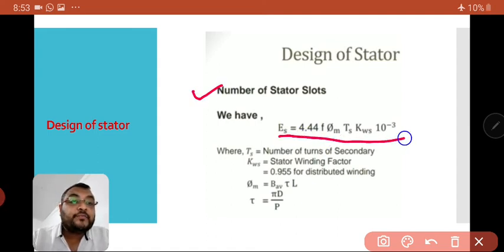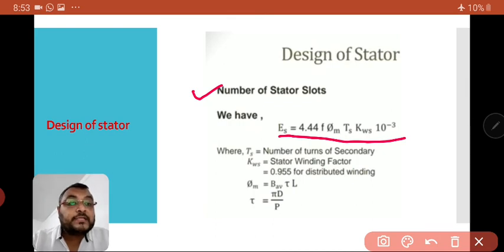This equation says that Es is equal to 4.44 f phi m Ts Kws into 10 raised to 3. Es is the induced EMF in the stator, which is equal to 4.44. f stands for the frequency, phi m is the maximum flux, and Ts is the number of turns of secondary.